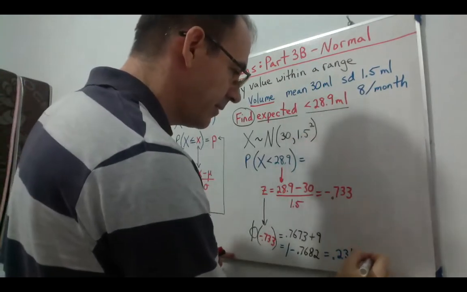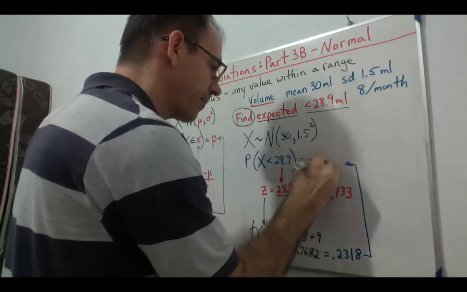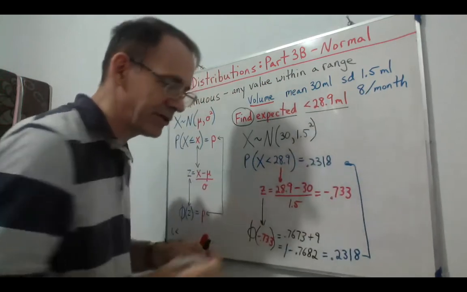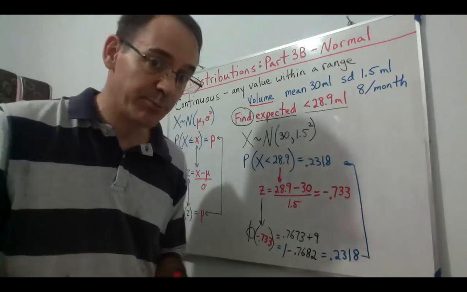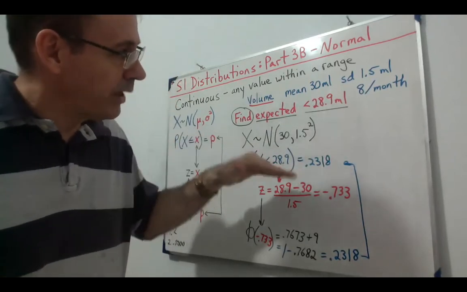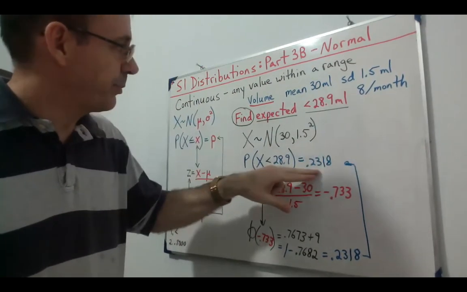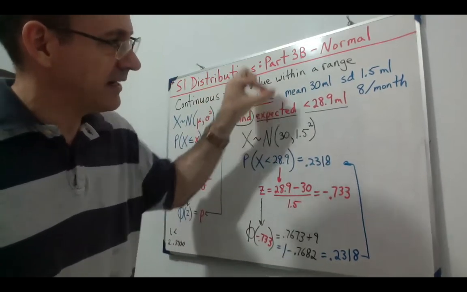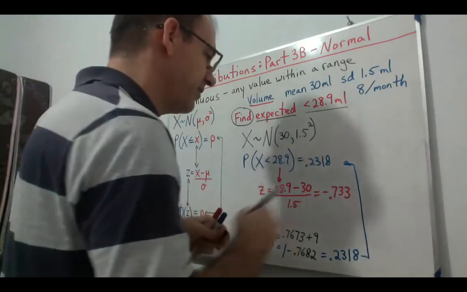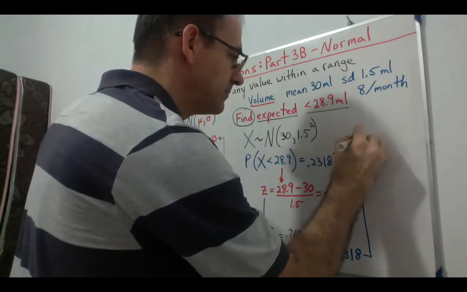Now this is the probability that is our answer to right here. If we were to come up and bring this back as our answer, 0.2318, or in other words, 23.18%. But what we want is this percent of 8. In other words, this is the probability, but now we want the expected out of 8. So out of 8 means that we're going to take this here, multiply by 8.